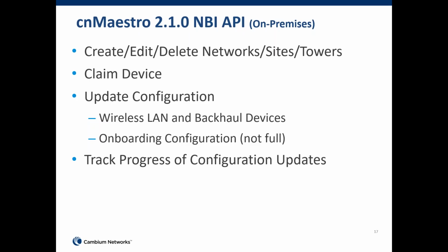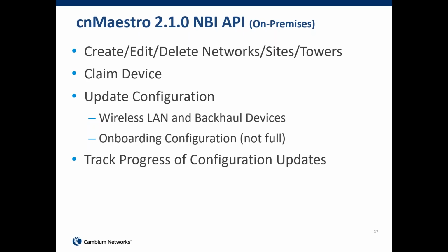Now, what are the different updates for the cnMaestro NBI API? There is detailed documentation, but a few of the key features are that you can claim devices using the API, you can update the configuration of the device through the API, and you can track the progress of the updates.